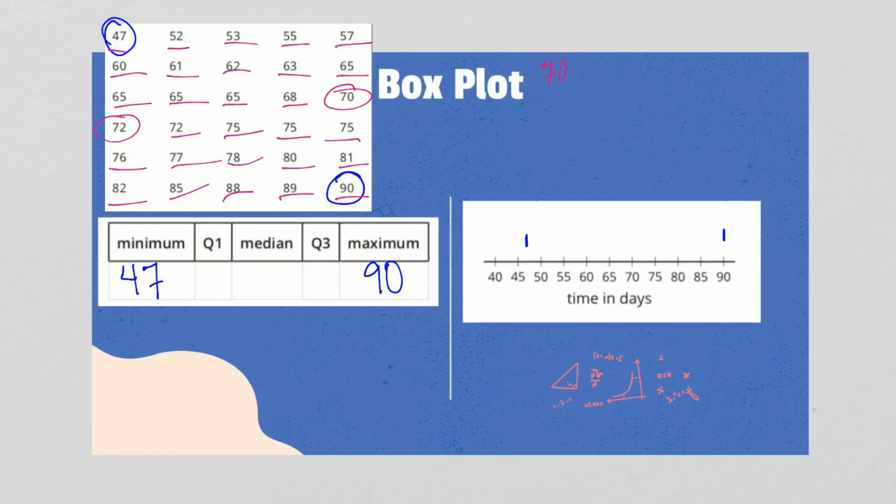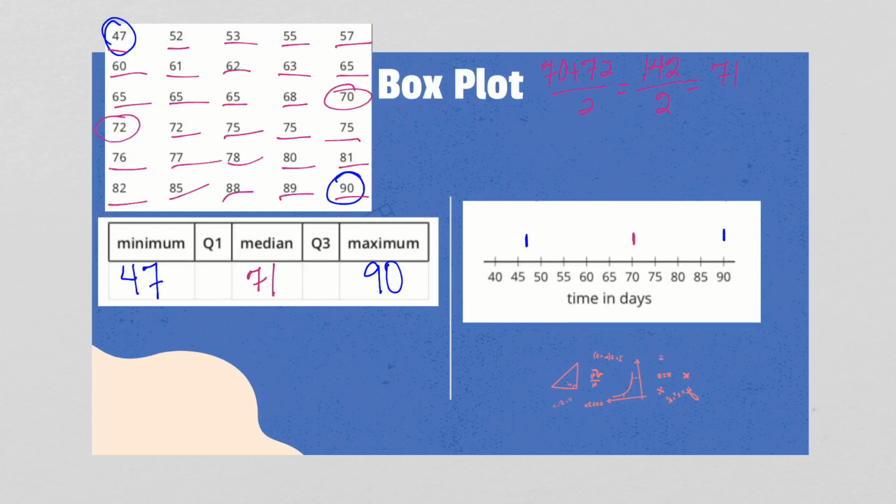So we're going to add those together. 70 plus 72 divided by 2. So when we add 70 and 72 together, we're going to get 142. We're going to divide it by 2. And then we're going to get 71. So our median is 71. I'm going to graph that over here.